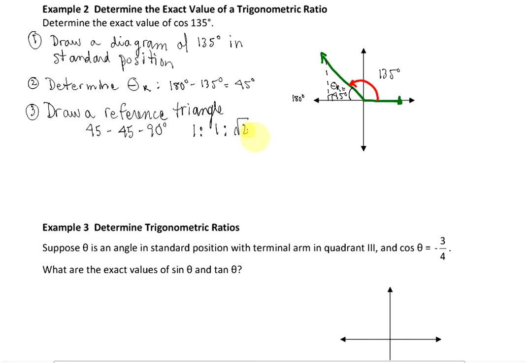Okay, and remember that the root 2 being the largest side is our hypotenuse, so that would go along here. And the 1 will have a 1 here and a 1 here. Now remember that our x and y have directions, so the direction on our x is a negative, and the direction on our y is a positive.